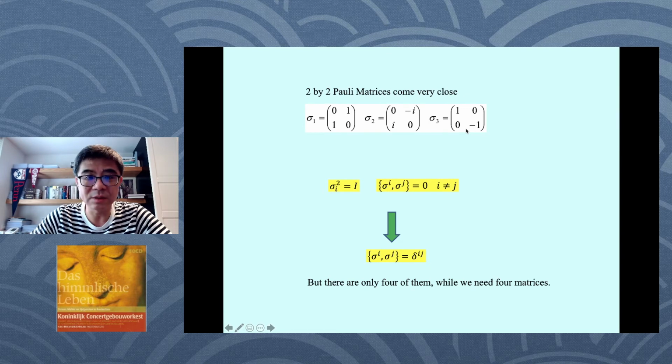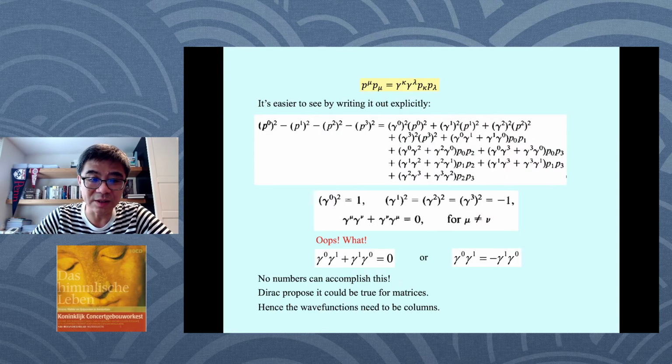And we are now trying to find the electron wave equation. So therefore, using these matrices is not very strange. This is sigma 1, this is sigma 2, and this is sigma 3. And it's famous from quantum mechanics courses that sigma i squared is equal to 1, exactly what we need here. Remember, gamma 0 squared equal to 1, and gamma 1 squared, gamma 2 squared, gamma 3 squared are all equal to minus 1.